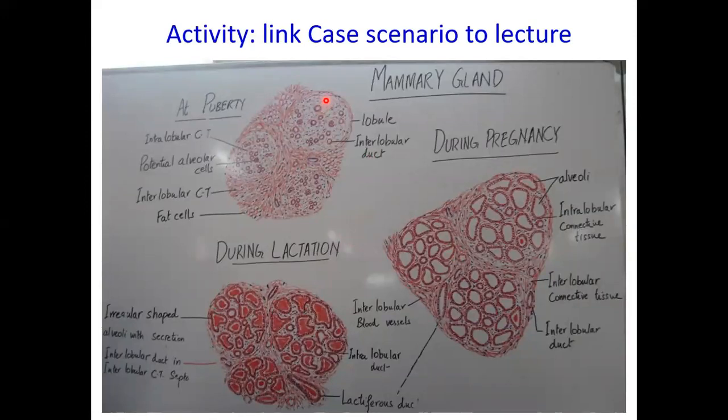Let's link the case scenario to the lecture. The case scenario started with a female who had a hormonal imbalance during pregnancy, and she went to the clinic suffering from pain and swelling within her mammary gland. The doctor assured her that it is due to hormonal imbalance. After labor, she started lactation, and her mammary gland changed to a lactating mammary gland, as you see here, and she started feeding her baby.